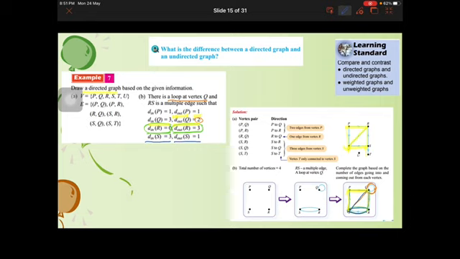So this is how you get the diagram. You can't simply get the diagram as given here. You must do it step by step.